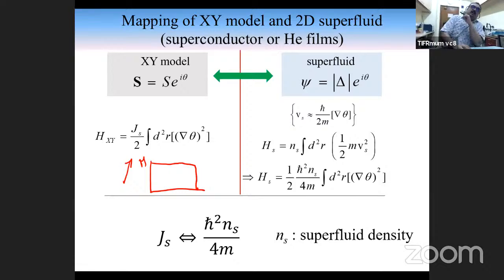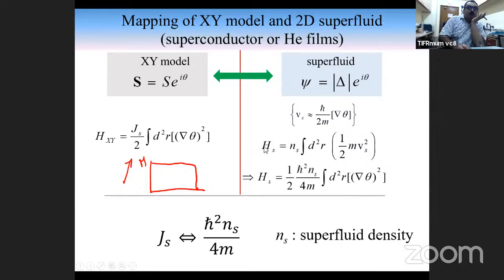So we know that in Ginzburg-Landau we can express it like this. This is just a difference in notation. This delta, do not confuse it with the gap. It is just that sometimes the Ginzburg-Landau order parameter is written like this. But what is important is that the Josephson relation tells us that the velocity of the superfluid is given by ħ by 2m grad theta.